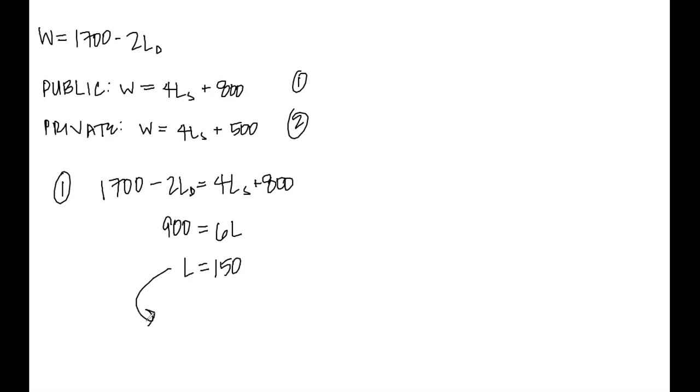In this case, we can plug this back into either of the equations that we set equal to each other. You can't plug it back into the private school equation. So I'm going to use the supply equation. W would equal 4 times 150 plus 800. And that gives us a wage equal to 1,400.